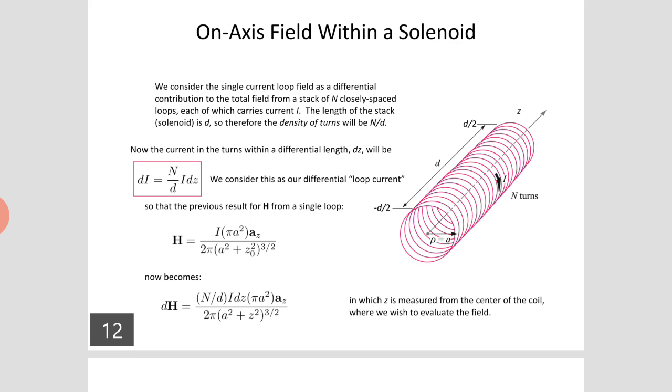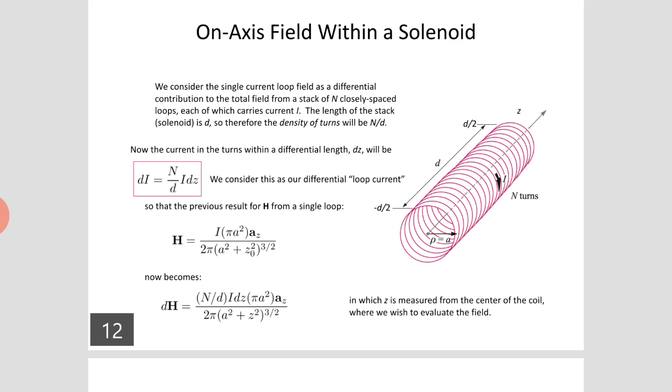In this solenoid we want to calculate the magnetic field on the axis, within the solenoid. We consider the single current loop field as a differential contribution to the total field from a stack of n closely spaced loops, each of which carries a current I.